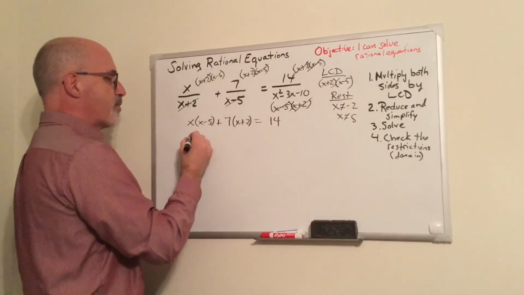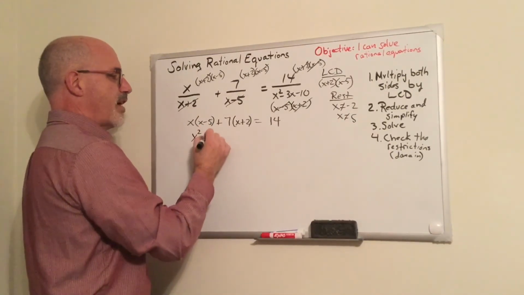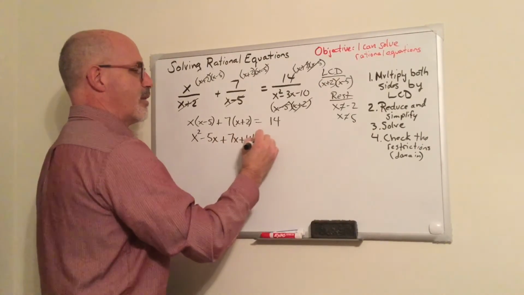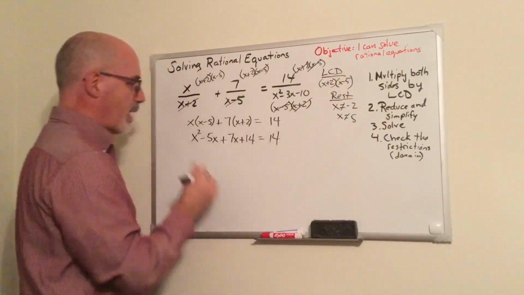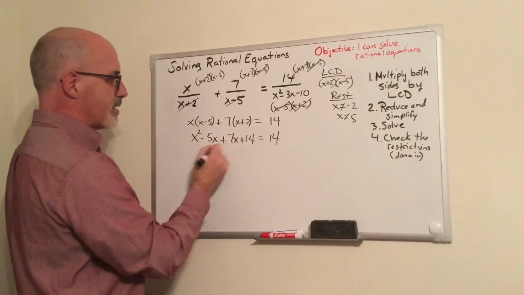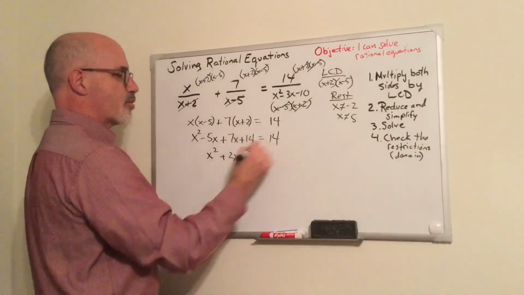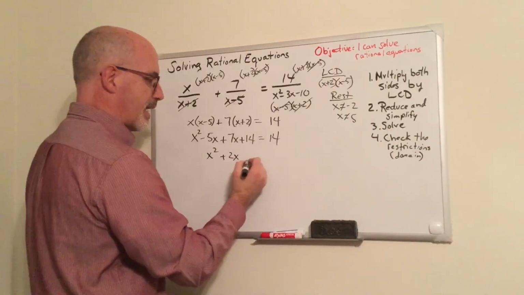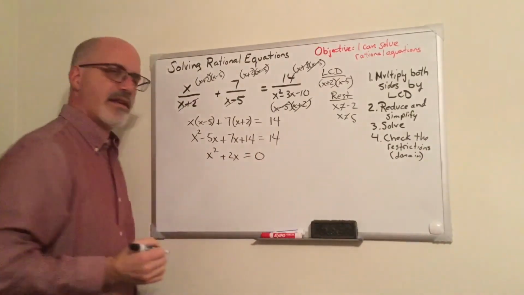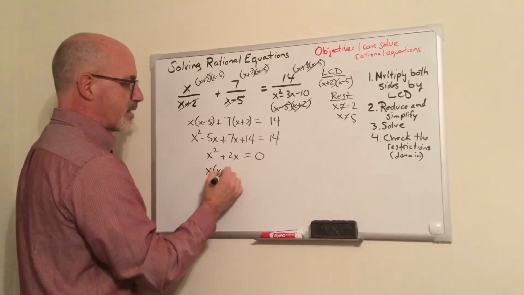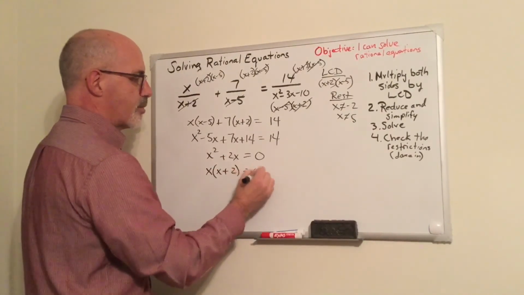Let's solve. So we get x squared minus 5x plus 7x plus 14 equals 14. Let's go ahead and simplify, so we get x squared plus 2x. I'm going to subtract 14 from both sides. I get that equal to 0 then. I'm going to factor out my common factor of an x, so x times x plus 2 equals 0.